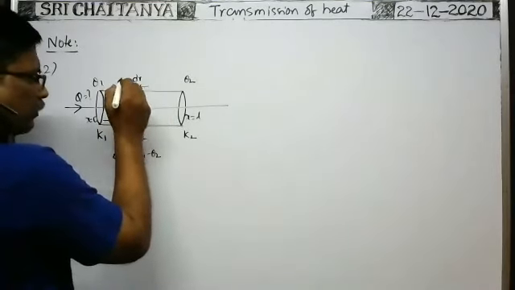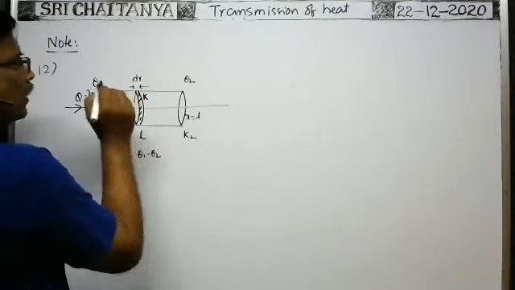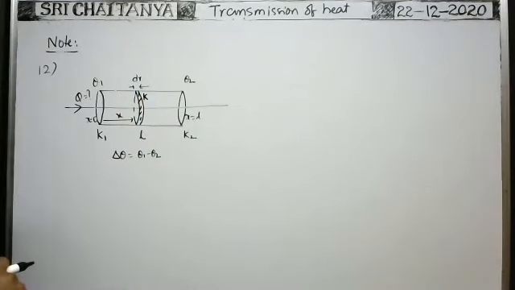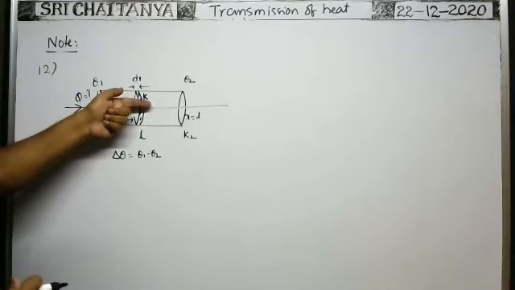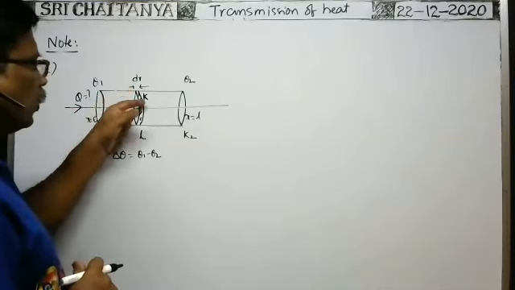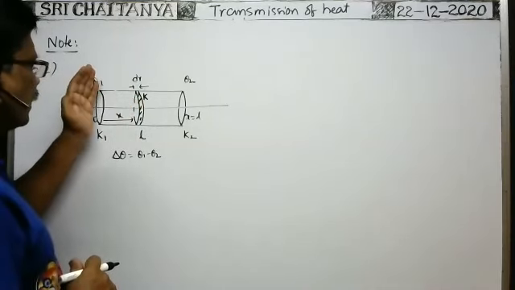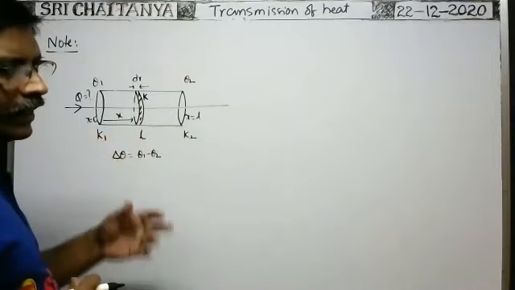Suppose the coefficient of thermal conductivity of this element is k. First we have to find this k value, and by finding it, find the heat energy transmitted. If the heat energy transmitted through this element is Q, then the total heat energy transmitted through the rod of length L we can find directly.